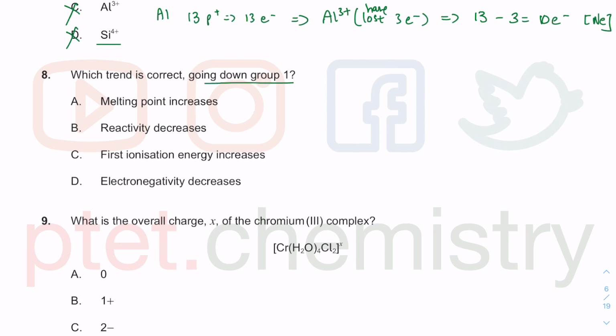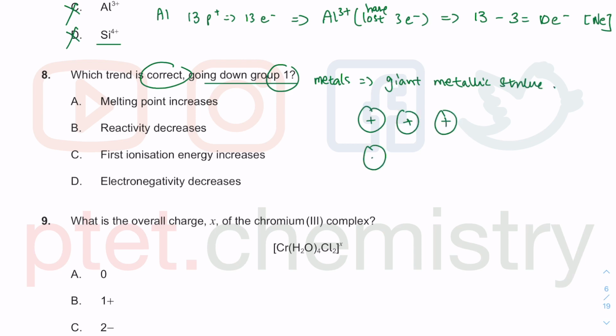Question 8, on going down group 1, which trend is correct? So these are group 1 metals, and having said that, they have giant metallic structure. So when you think about your giant metallic structure, you have your cations, and then you have your sea of delocalized valence electrons.